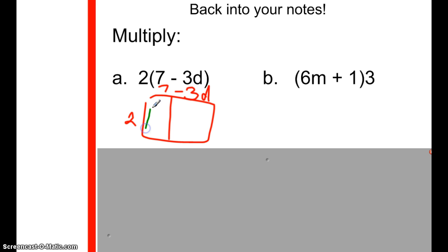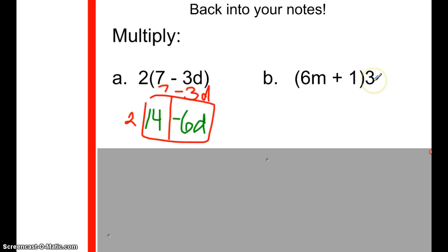Yeah, 14. So I get 14 in there. Then what is 2 times negative 3D? Well, 2 times negative 3 is negative 6. And then I just throw the D on there, because this says I have 2 sets of negative 3D. So my answer is 14 minus 6A. No, that's a D. 14 minus 6D.